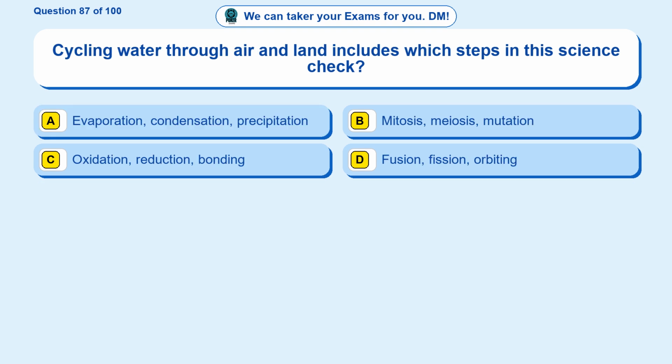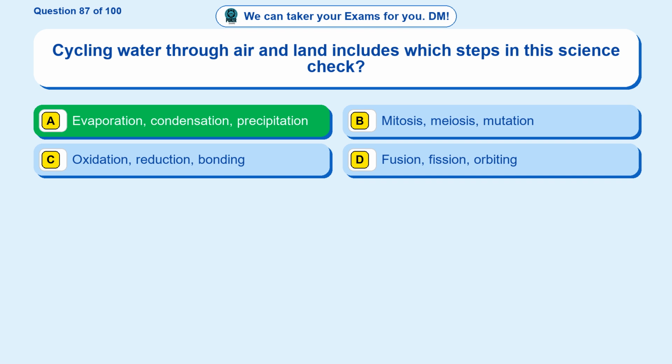Question 87. Cycling water through air and land includes which steps in this science check? Option A, evaporation, condensation, precipitation. Option B, mitosis, meiosis, mutation. Option C, oxidation, reduction, bonding. Option D, fusion, fission, orbiting.